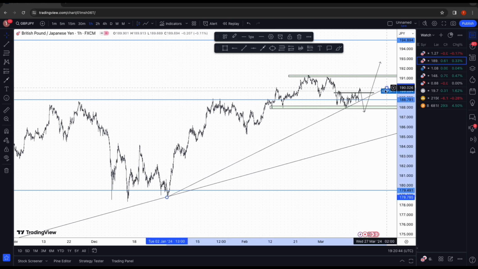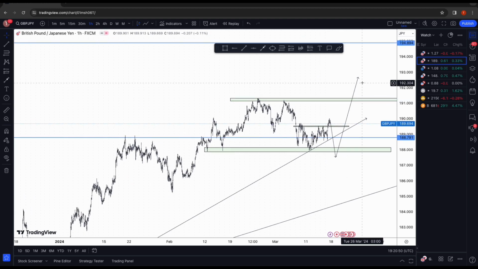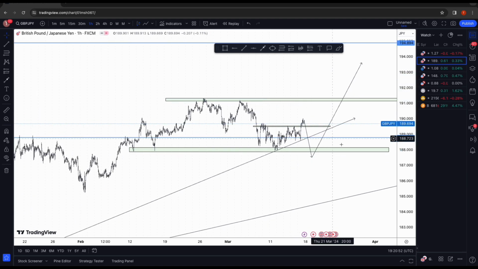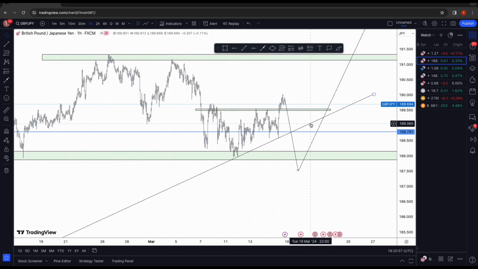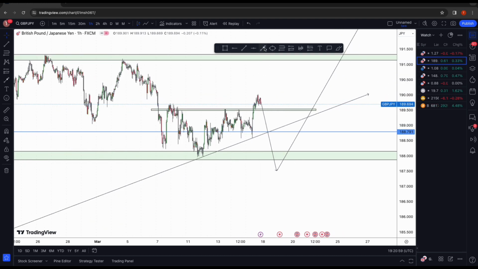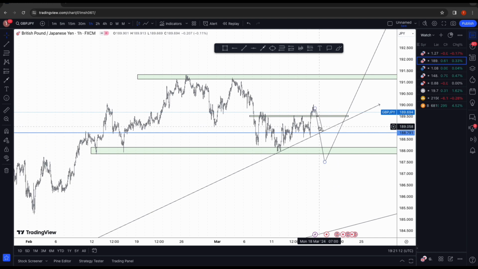So it would trick buyers into thinking it's a trendline break and a break of this level for a continuation long. So overall bias is buyers, but it just depends how far price wants to come back. We've got 3 potential levels, 1, 2, 3, the price could come down to for continuations. So it's just about being patient and waiting.